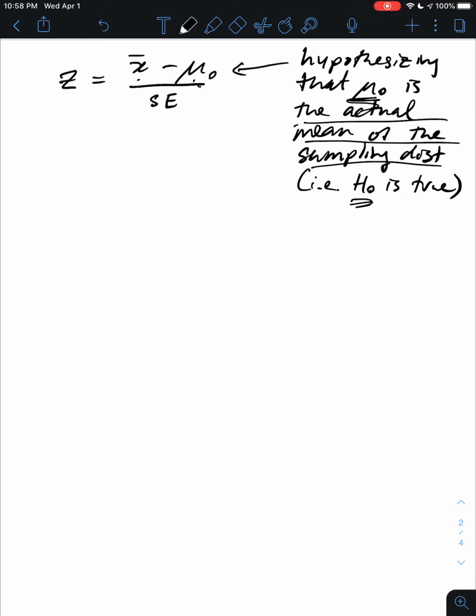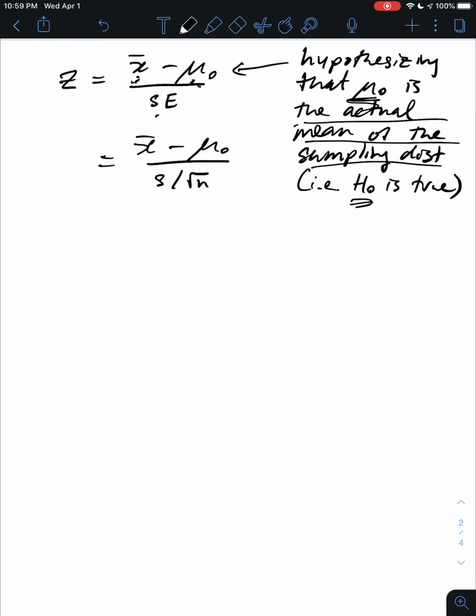So the z-score for our observed value is the observed value minus the mean of the sampling distribution divided by the standard error of the sampling distribution. And I'm just going to fill in what we know about that. So there is our big formula for z. So this is the test statistic.